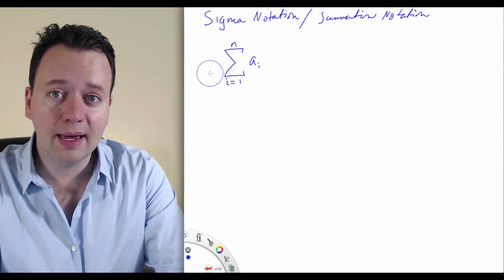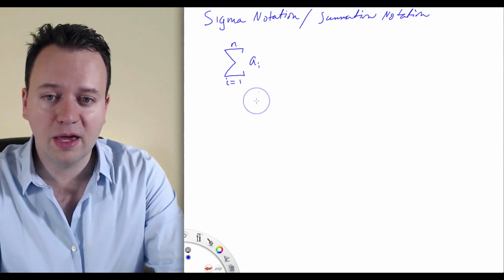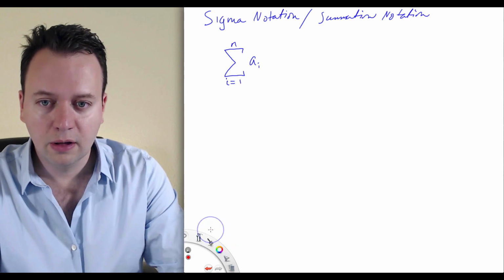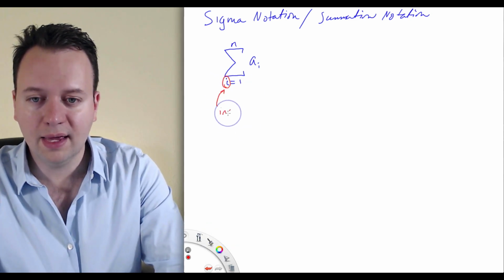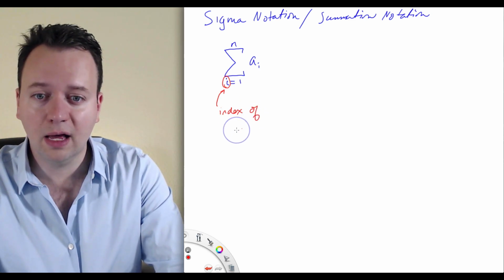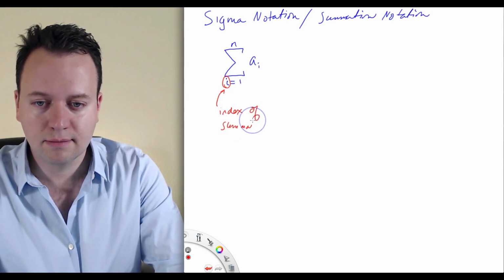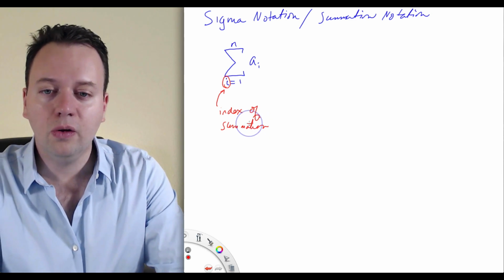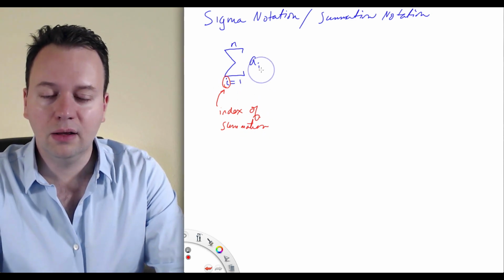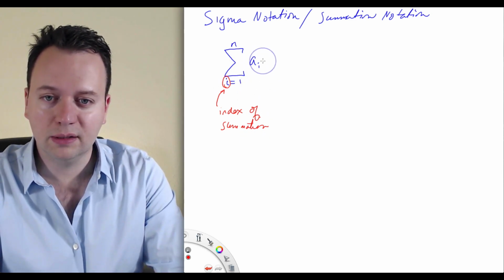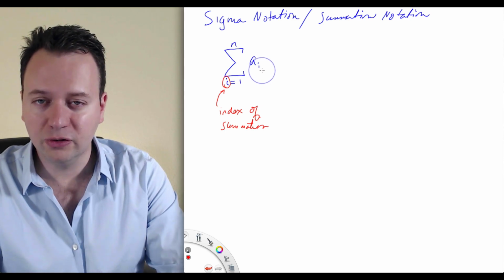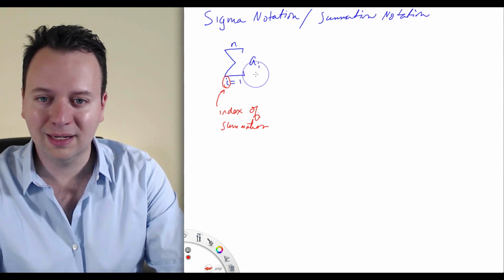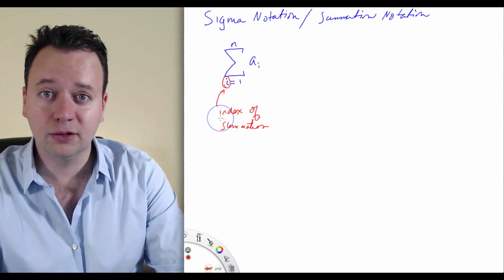So let's analyze the anatomy of what I just wrote down. So first of all, i is called the index or the index of summation. So the whole idea is that we're taking this formula, a sub i, and we're evaluating it for a number of different values of i, and then we're adding them all together. So i is called the index, or the index of summation.